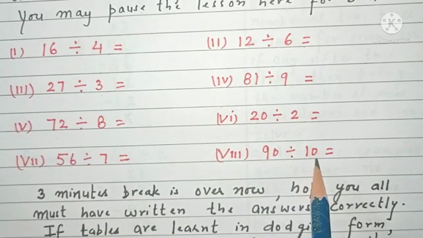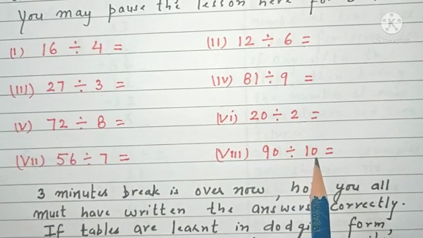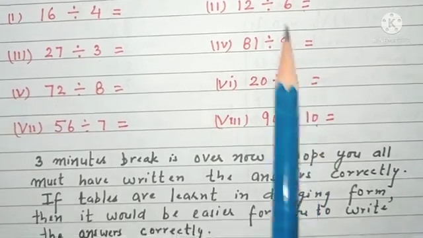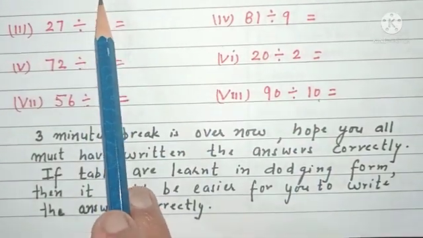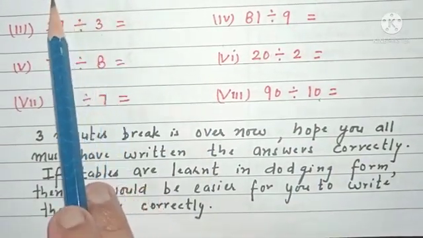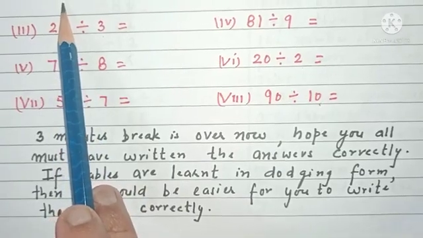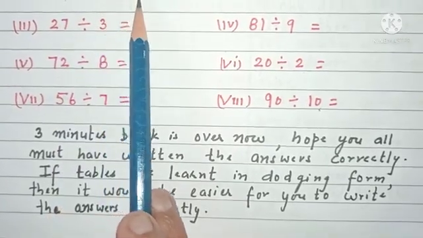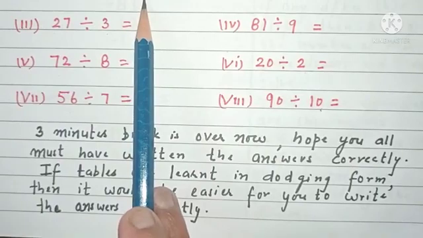You need not solve it using the proper division method. Just see, for example, in the first part, in the table of 4, look for 16. If you know the tables, it's very easy to do these questions. So, solve them.